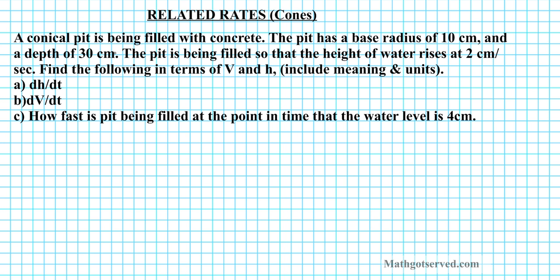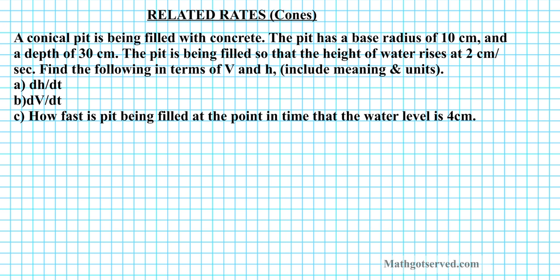It reads, a conical pit is being filled with concrete. The pit has a base radius of 10 centimeters and a depth of 30 centimeters. The pit is being filled so that the height of water rises at 2 centimeters per second.